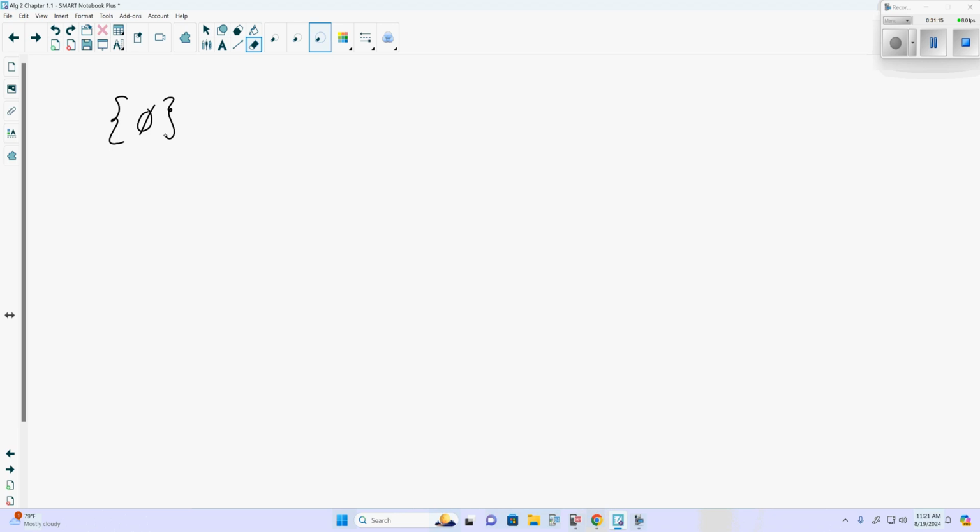Now, it'd be tempting to say, why don't we just put a bracket, 0, bracket. 0 is an element. It is a number. So we would say it's the set containing 0. The 0 is a number. So it would have something there, technically.